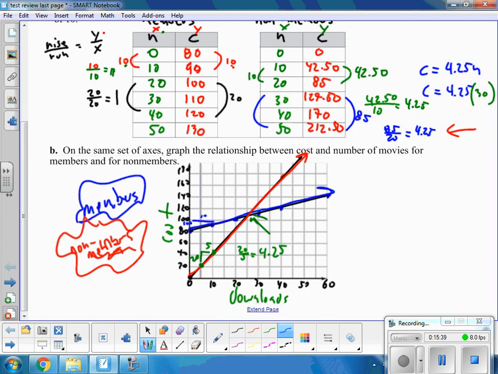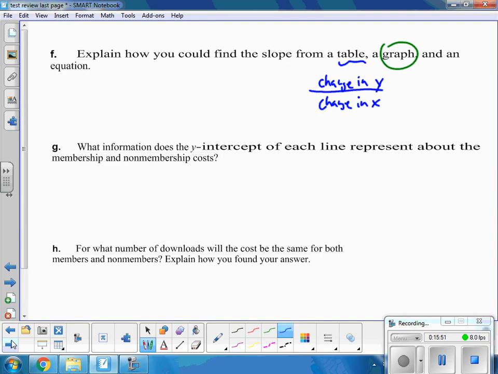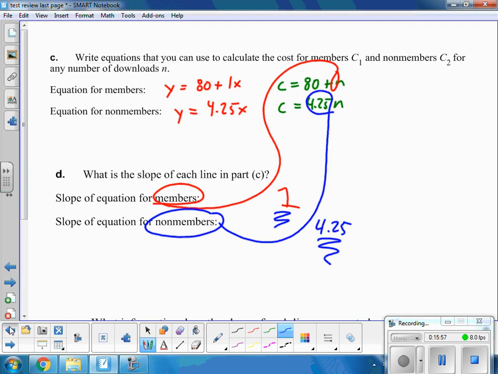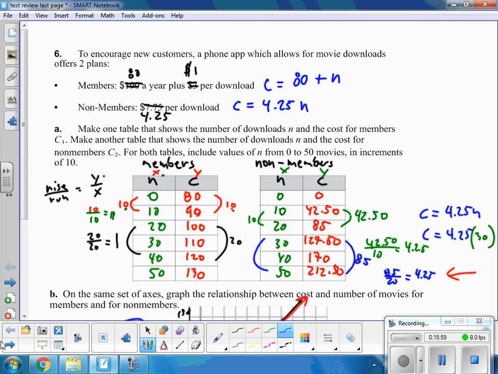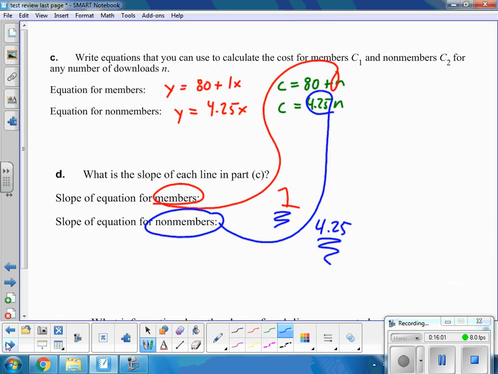So 10 over 10, which gets me to my 1. Okay, so on a graph, you're looking at rise over run. And on an equation, it ends up just being that coefficient, the number that sits right in front of the variable. So 4.25 and 1. Nice.